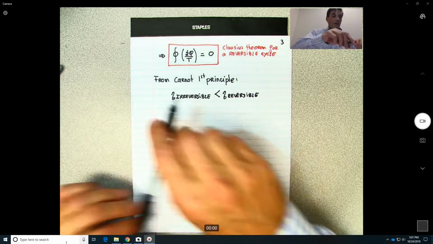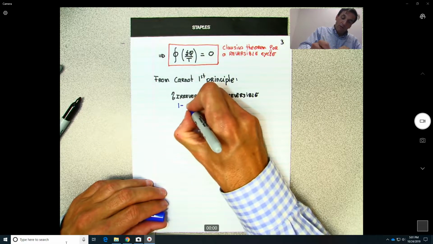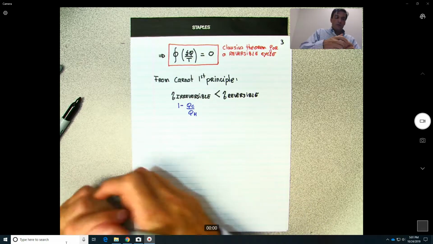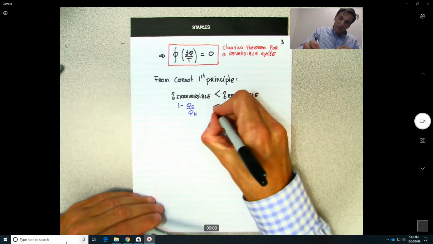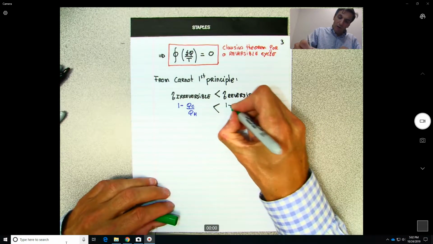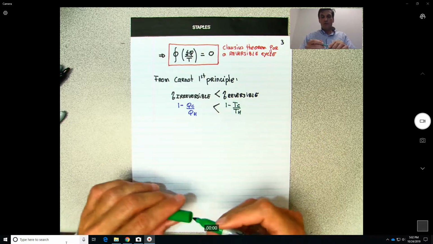So for an irreversible cycle, the efficiency is 1 minus Q cold over Q hot. And for a reversible cycle, we can replace the Q's by the temperatures. So we have this.